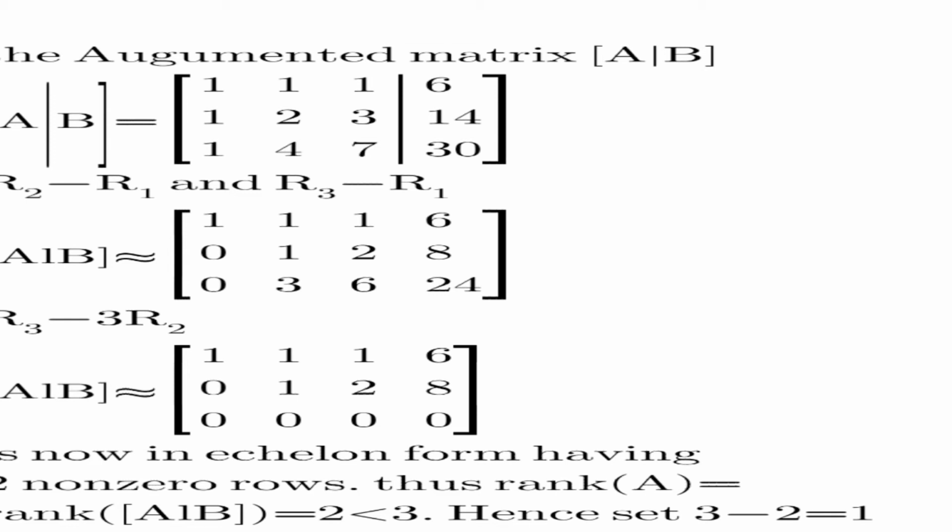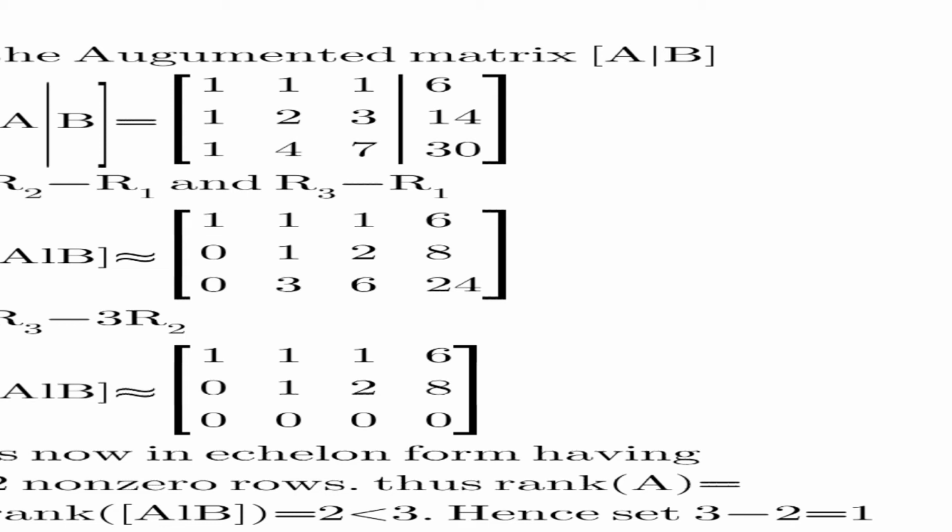Here in the A part there are 2 non-zero rows, and in the entire matrix AB again there are 2 non-zero rows. So rank of A is equal to rank of AB is equal to 2, but this common value 2 is less than the number of unknowns, that is 3.